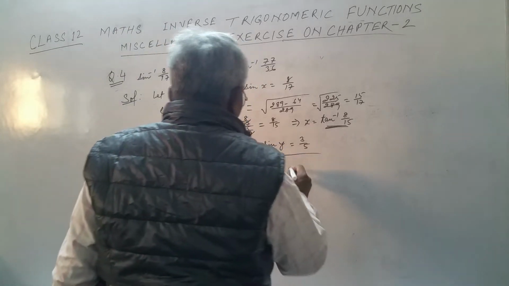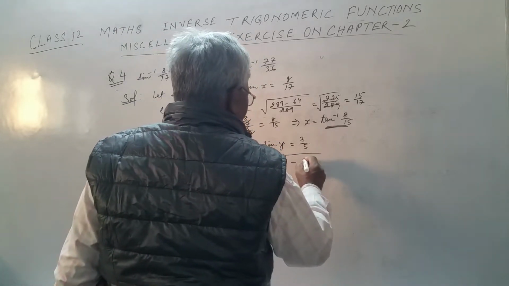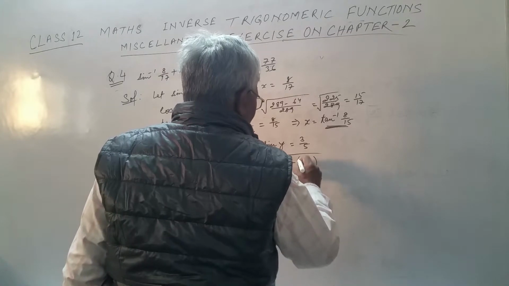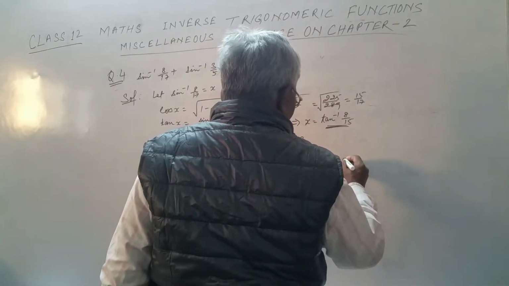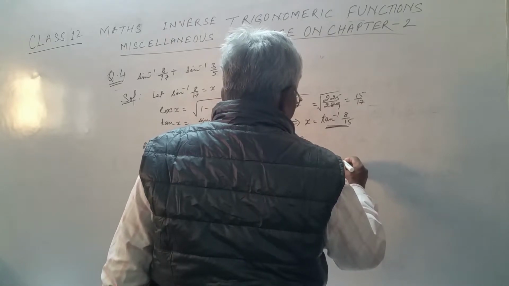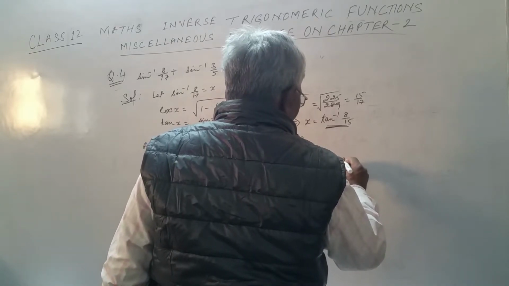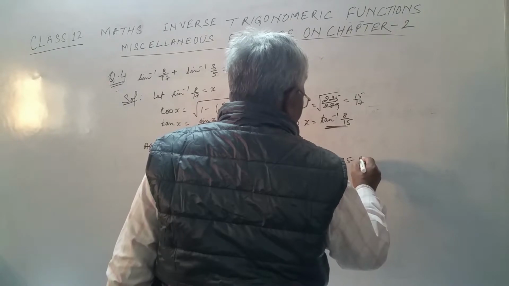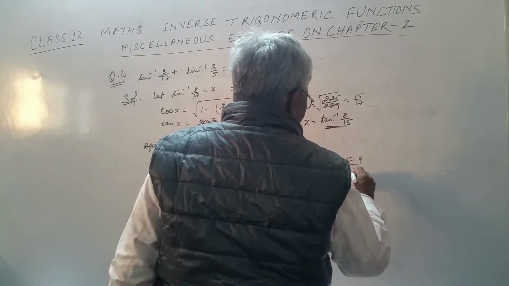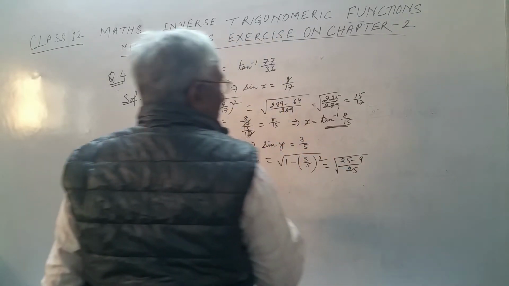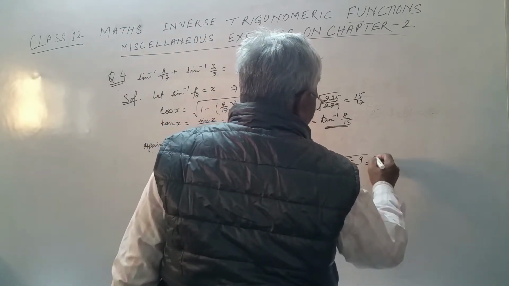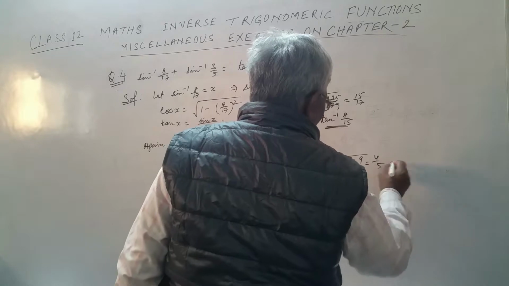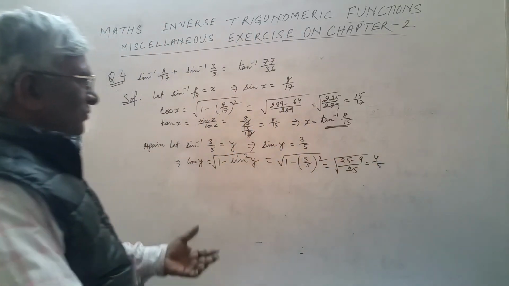Then root of 1 minus 3 upon 5 whole square. You will get 25 minus 9 upon 25. Then you will get 4 upon 5 by calculations. Do it yourself.